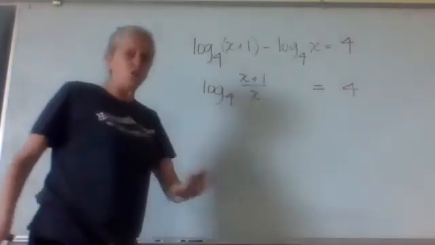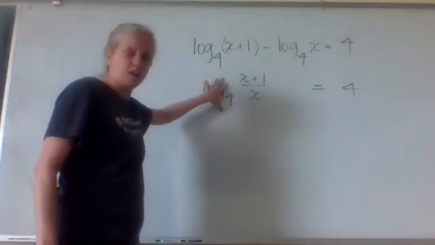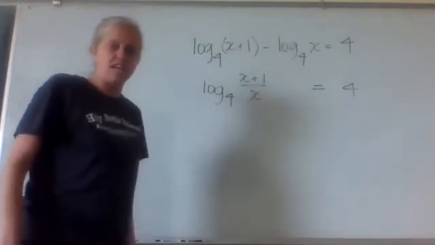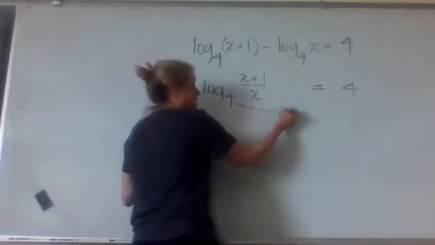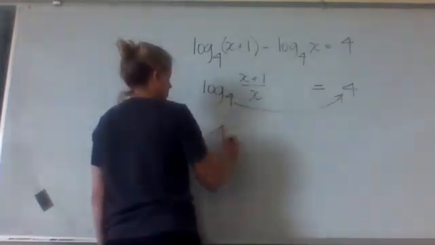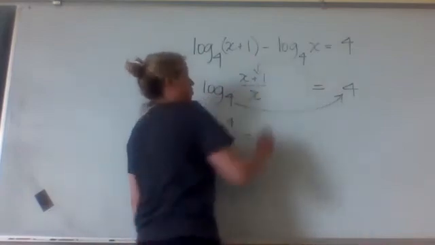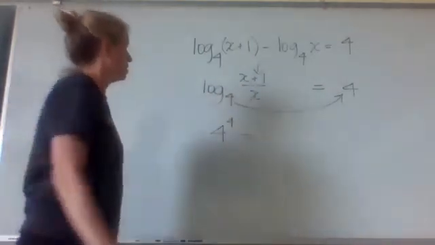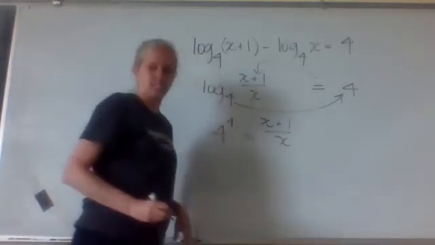So this is that original rule that we talked about. Once you get to just one log, turn it into the exponential equation. So whatever your base is, to that power, so 4 to the 4th power is going to be equal to whatever is right here. So I have x plus 1 over x.